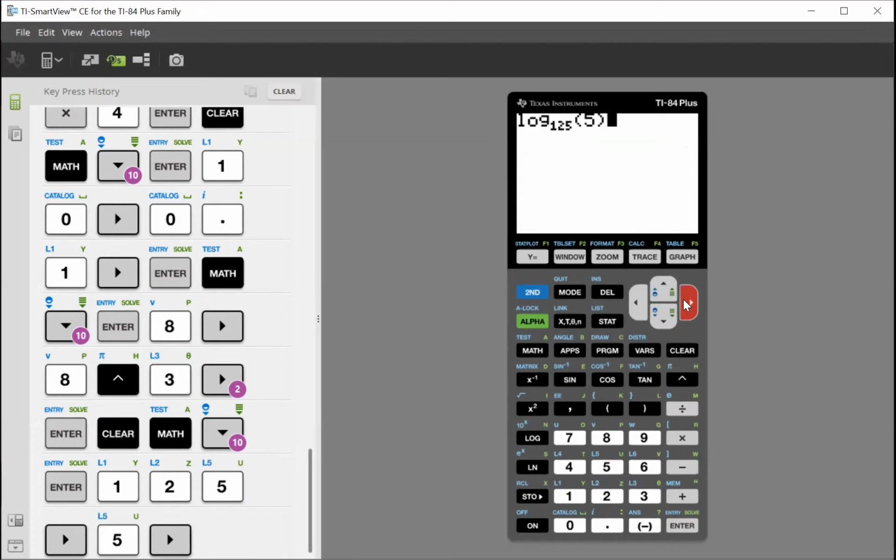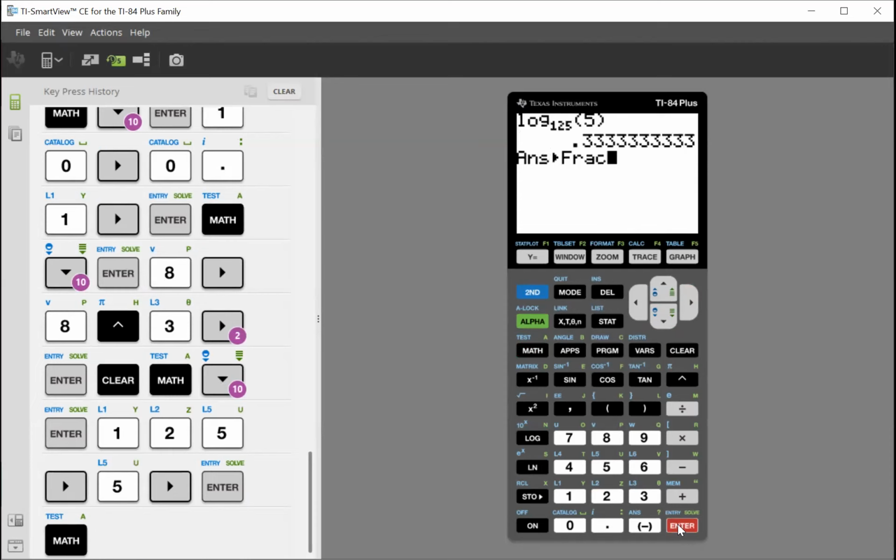So put in your base, put in that result, hit enter. Now, if you get a decimal, you got to turn that back into a fraction. So hit math and enter. That'll turn it into a fraction for you. So I get a 1/3 on that. So let me go put that in.